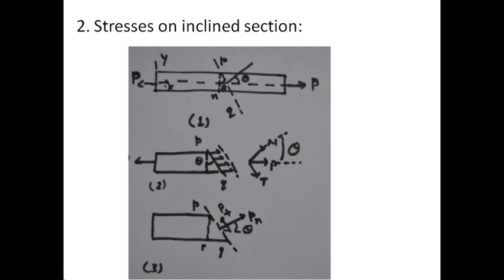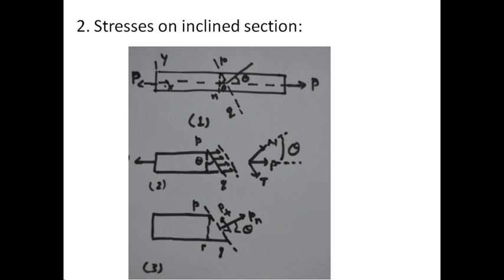The second condition is stresses on an inclined section. Here in diagram 1, we have considered an inclined section PQ of bar AB, which is subjected to a uniaxial tensile force P.